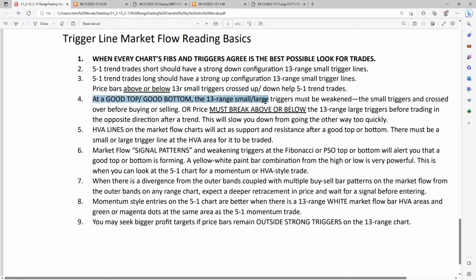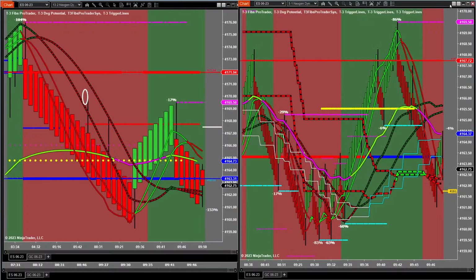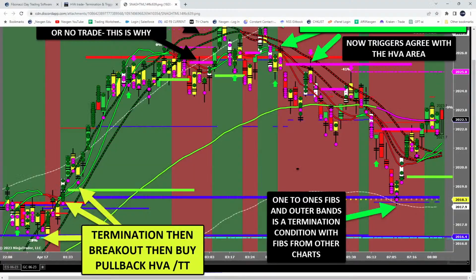After a good top or bottom, the triggers must be weakened, and small triggers have to cross up or down. And the price must break above or below the 13 range large triggers before trading in the opposite direction. This is my slow me down thing. And this is where we come back to the picture we were just looking at, which is, where did I put it?